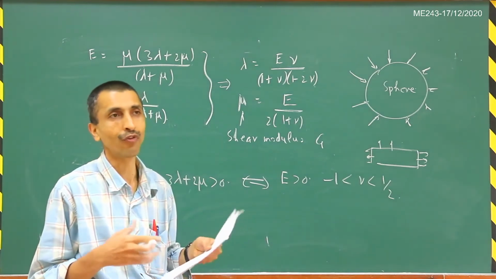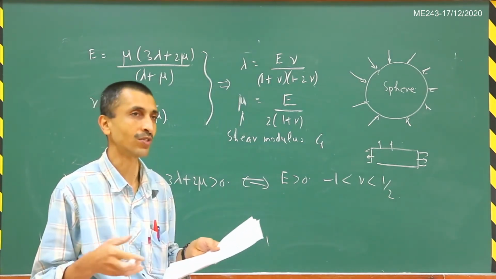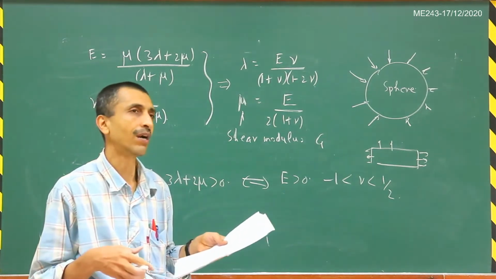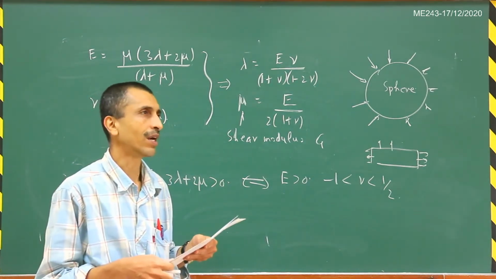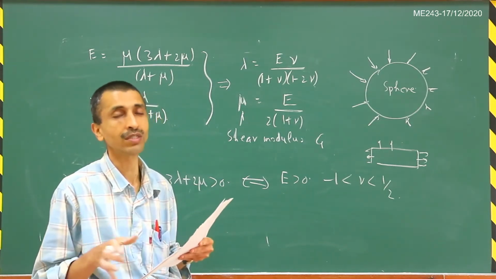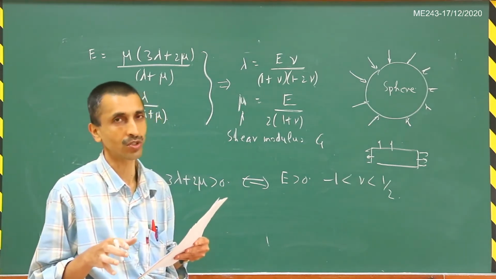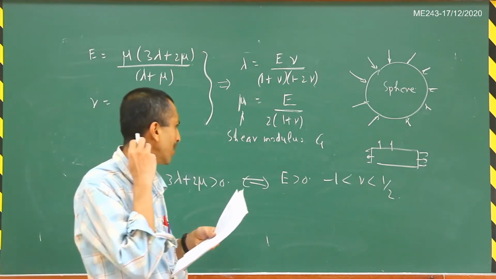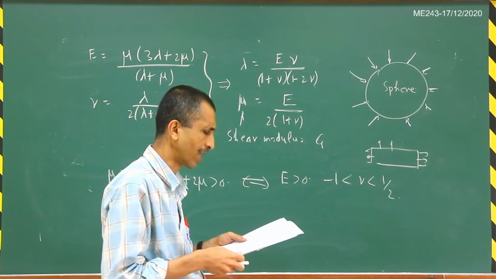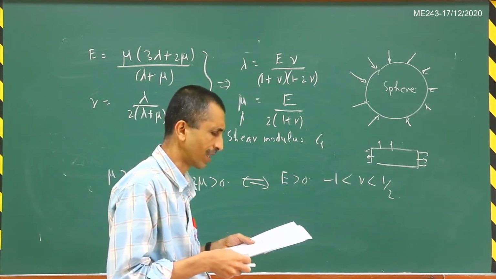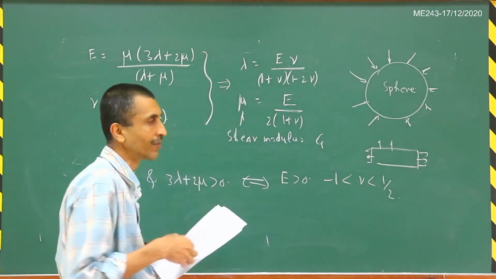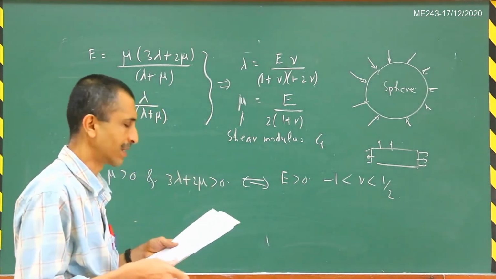But if you feel that something which has pores in it is not a continuum material in the strict sense of the word, then as far as I know, we do not know of any actual materials where the Poisson ratio is negative. I'm sure there is a lot of literature on negative Poisson ratio materials, so if you do a web search, you may be able to locate some of these foam type materials and things like that.